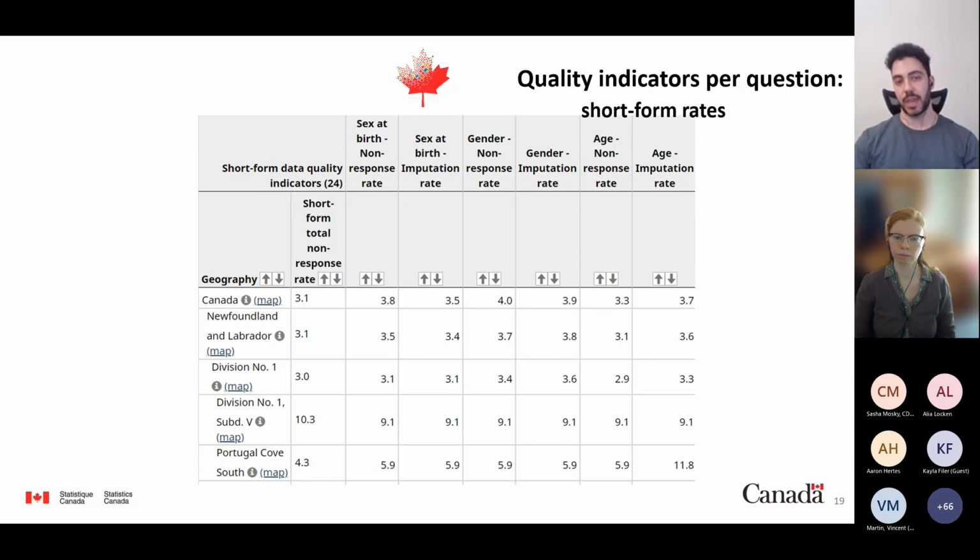It usually starts with Canada, then Newfoundland and Labrador, and the level of granularity increases to census divisions and census subdivisions. I do want to point out that since this is a short form table, we also have the short form total non-response rate for each of the geographies here in the second column.